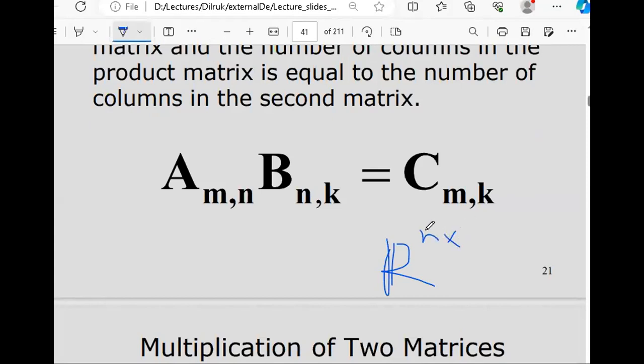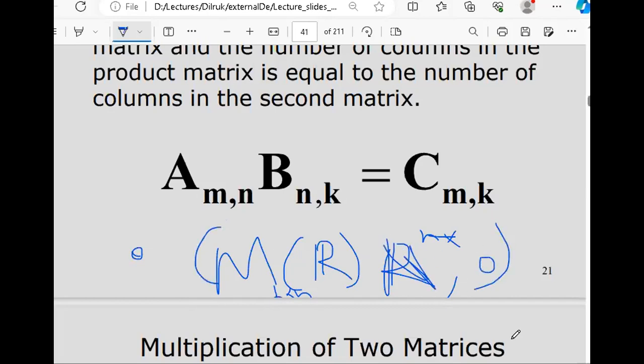Let's denote the set of all n by n real matrices. This set is a group under matrix multiplication. I think we are sure, this is a group.